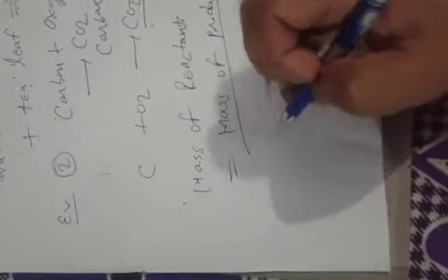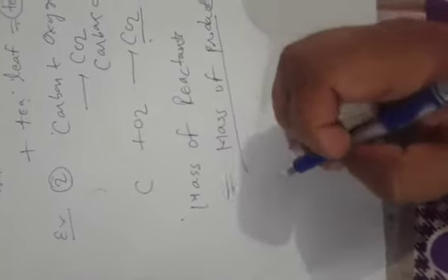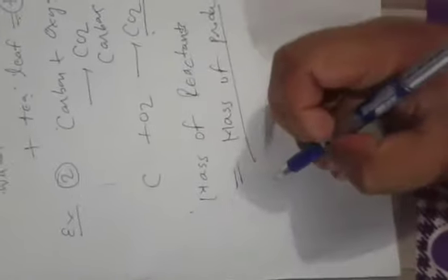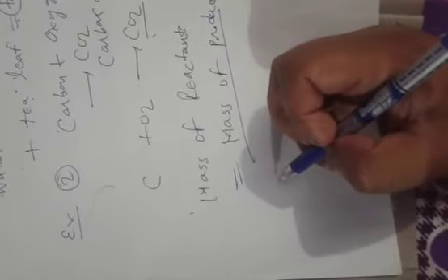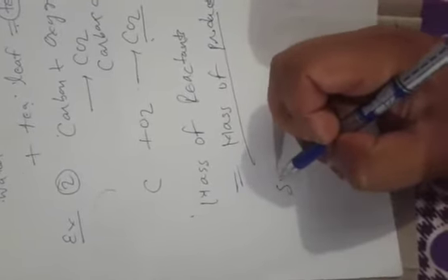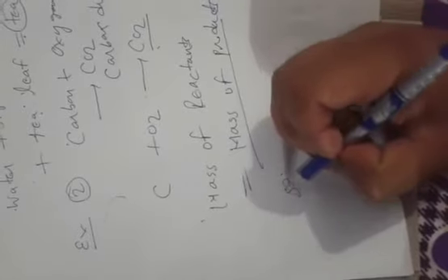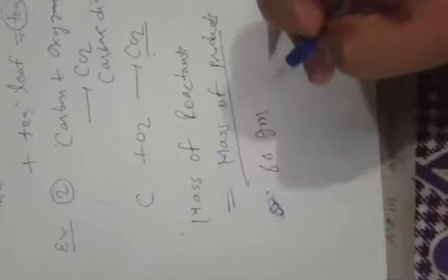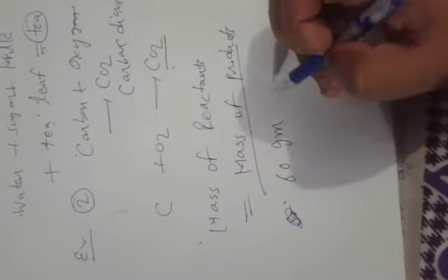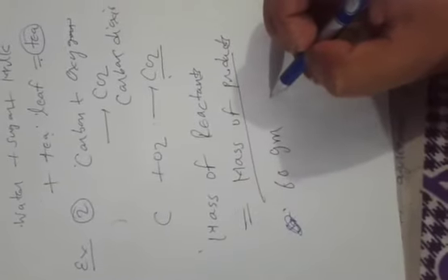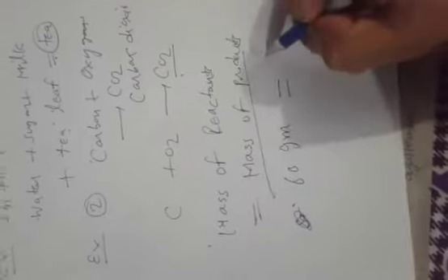This is called the law of conservation of mass. In this case, suppose the mass of reactant is 60 gram, after the reaction the mass of the product is also 60 gram. This is called the law of conservation of mass.